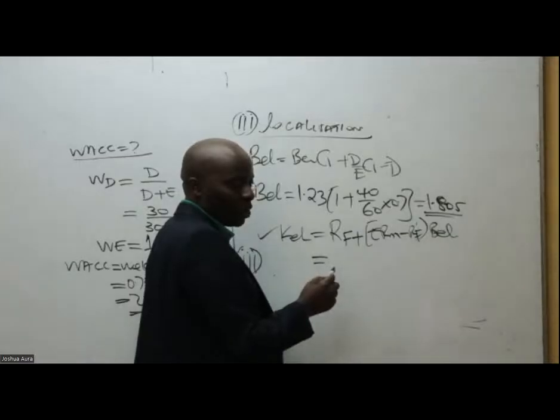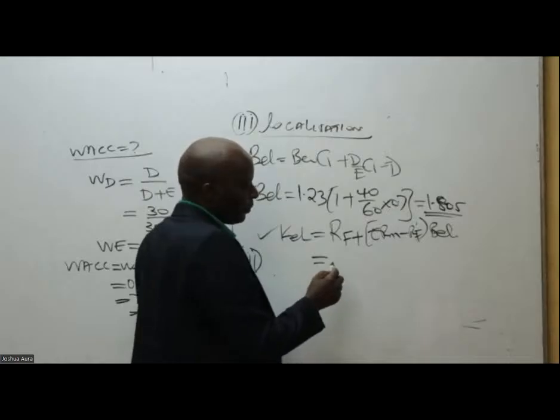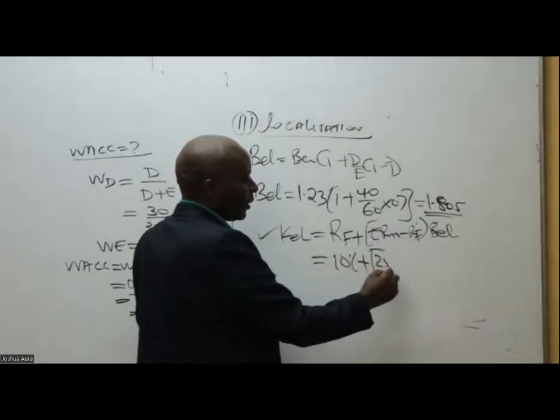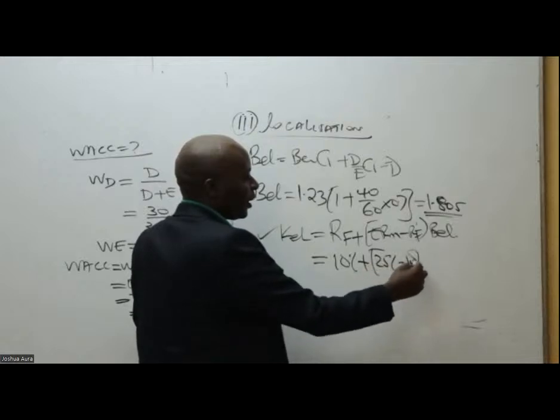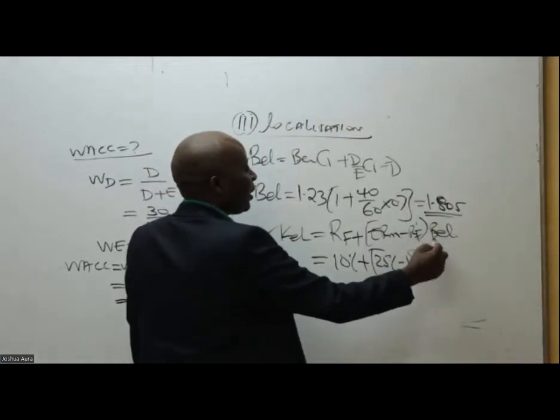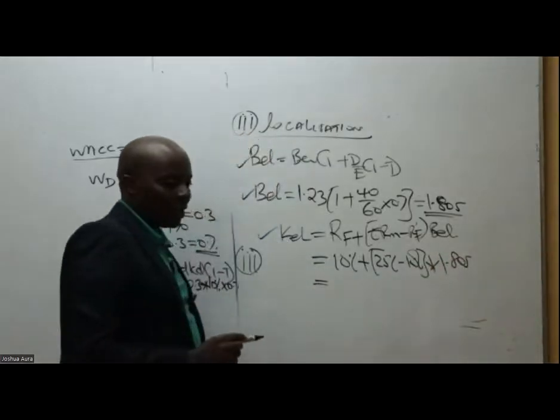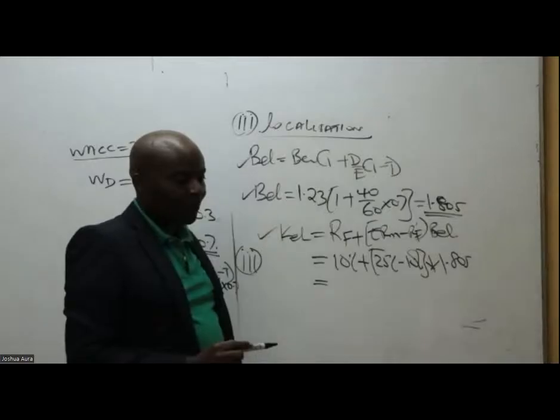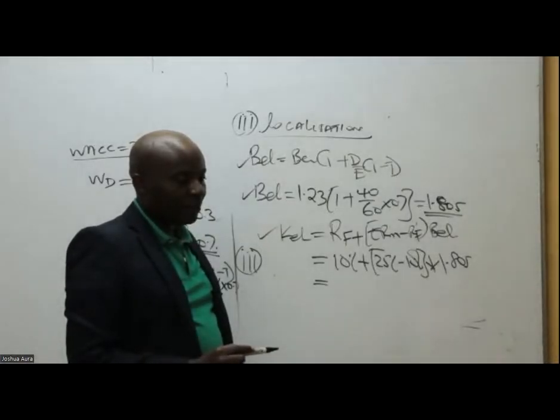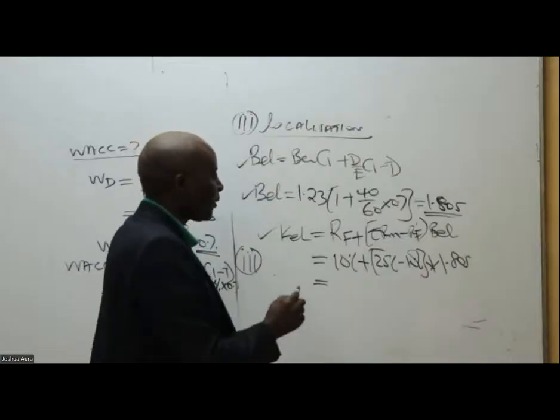Risk-free is 10. Market returns, if my memory serves me well, was 25, minus 10, multiplied by the BEL that we have here, which is 1.805. At the end of the day, what are we getting as our CAL? 37%.